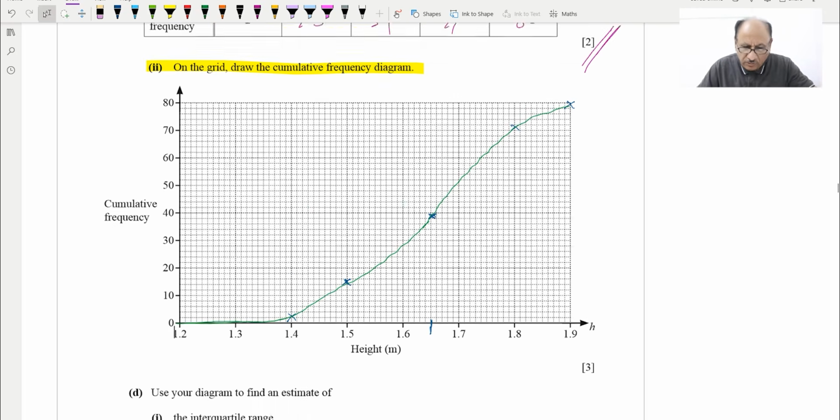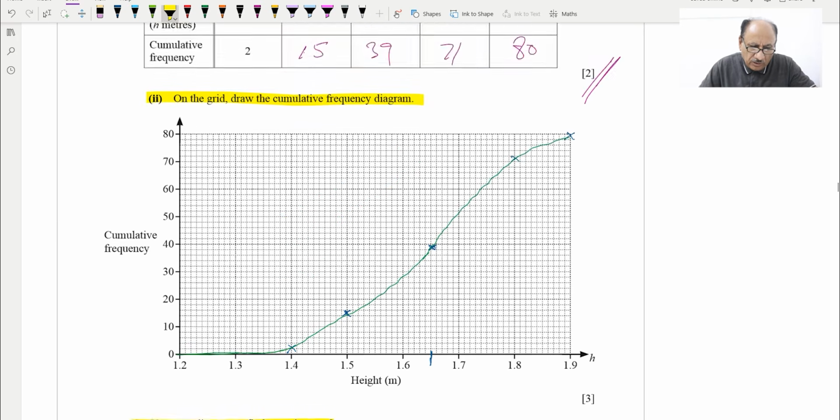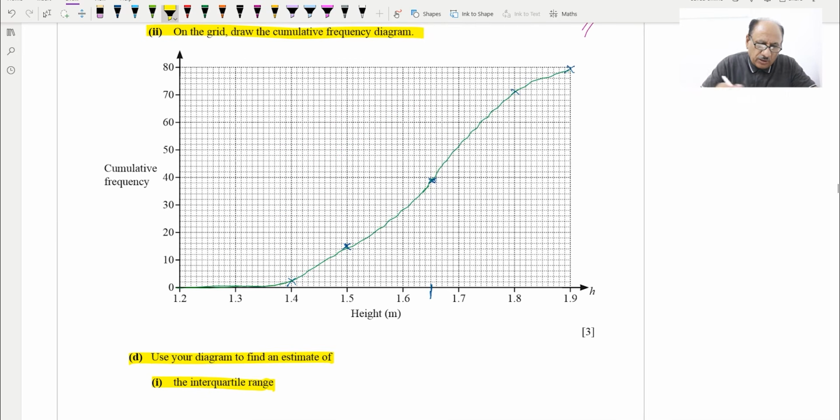So this will be the curve, and then they are saying use your diagram to find the estimate of the interquartile range. So interquartile range will be upper quartile minus lower quartile. So we can take the upper quartile value.